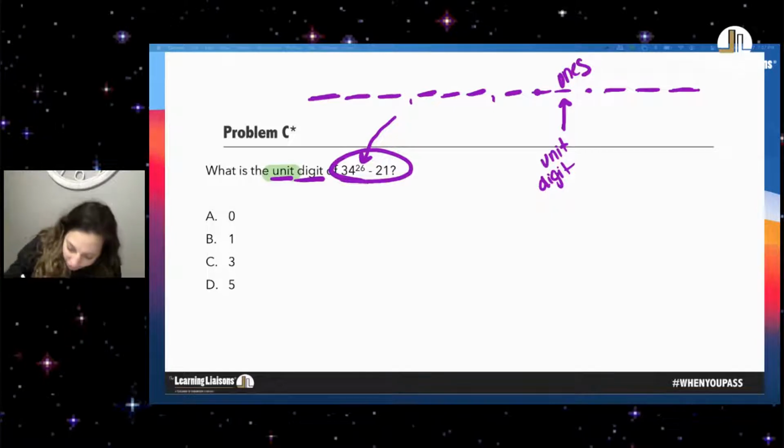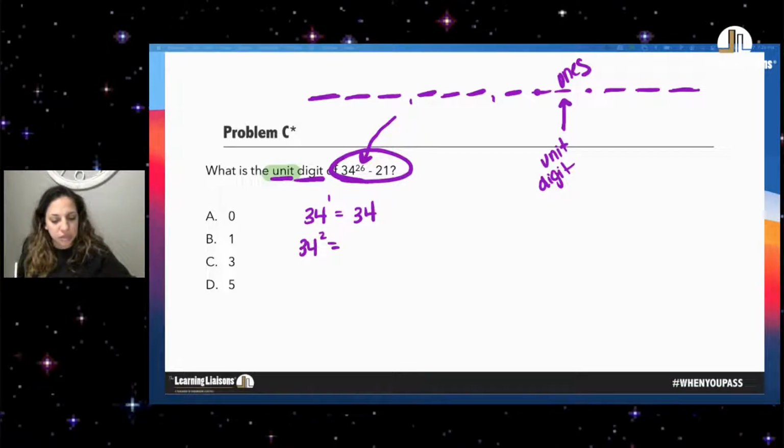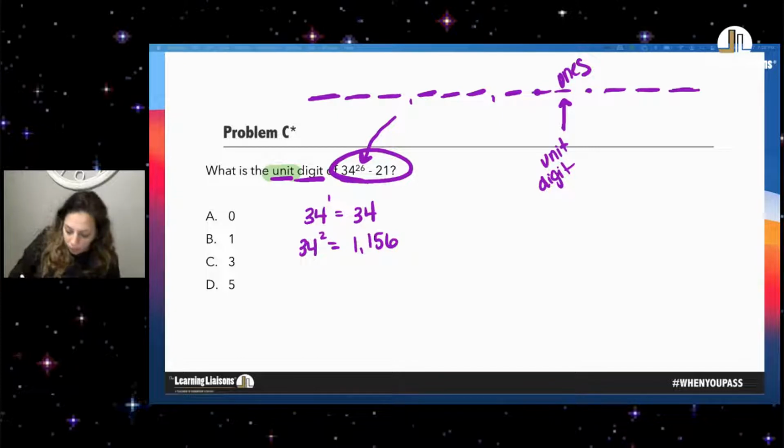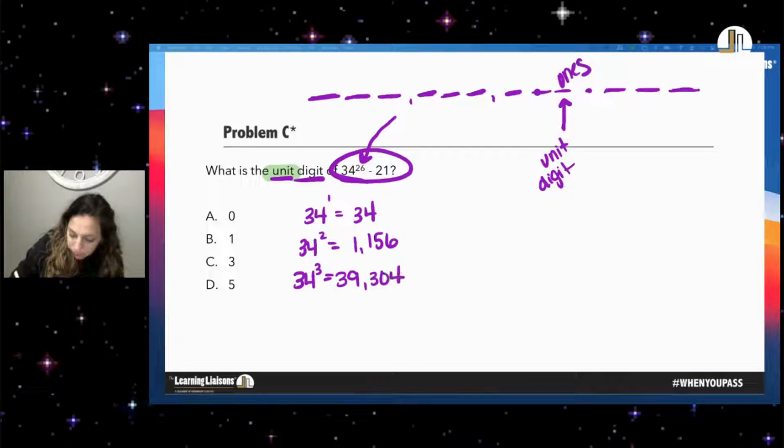So if I have 34 to the first power, I know that that equals 34. If I have 34 to the second power, I'm going to do 34 times 34, and that equals 1,156. If I have it to the third power, I get 39,304.